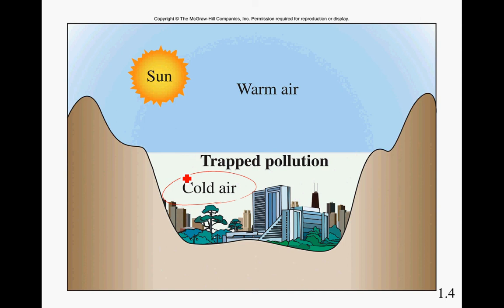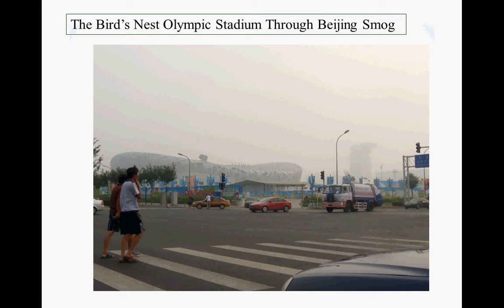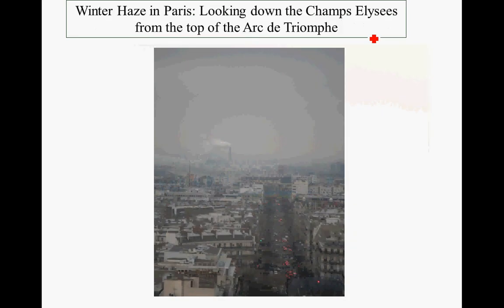Another area where it's an issue is a very polluted area, for instance, Beijing. Beijing is an extremely populated area, and the pollution there has gotten so bad that it's really hard to breathe. Here's a picture of Paris, also an area that's extremely concentrated with people, and the pollution has gotten really bad.